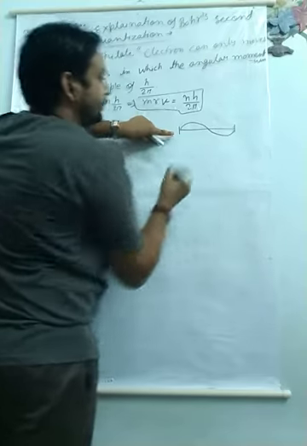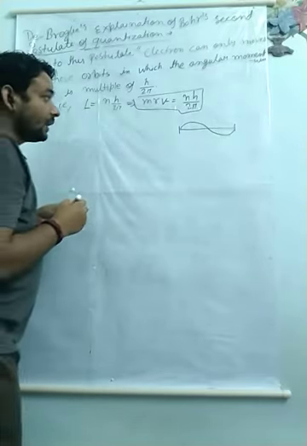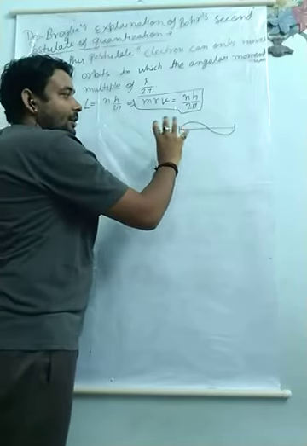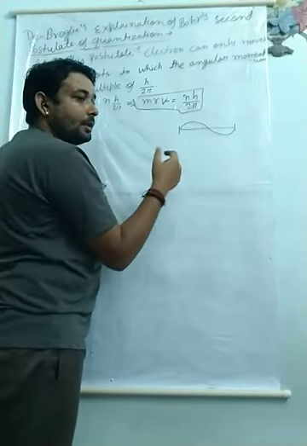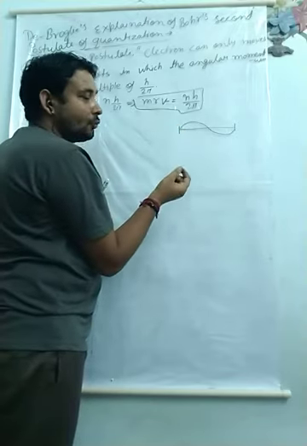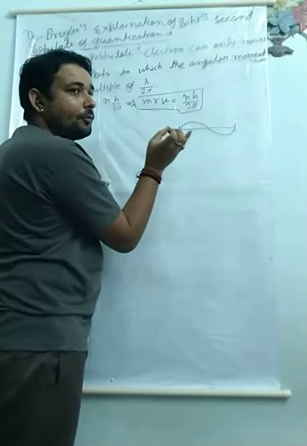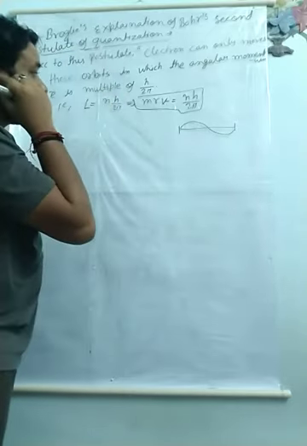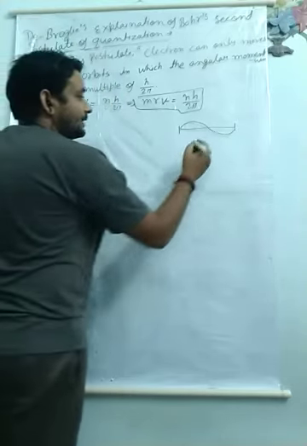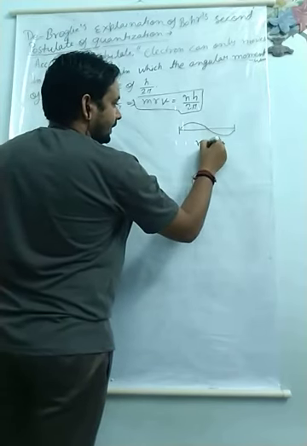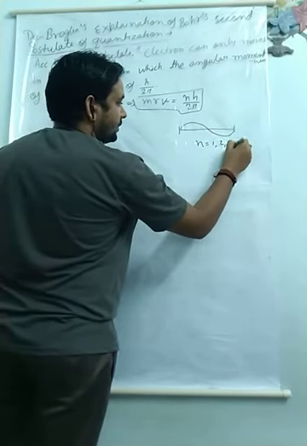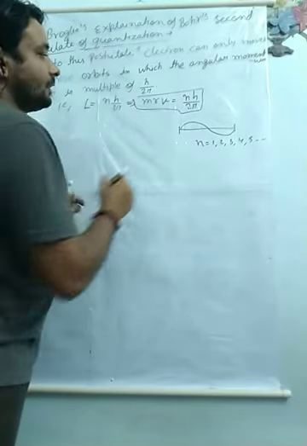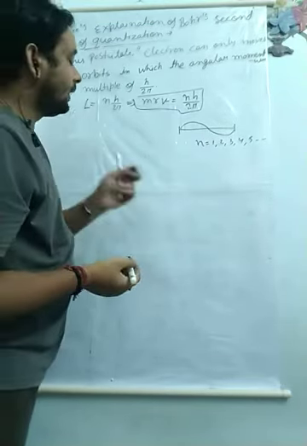So as per de Broglie, the electron revolves around the nucleus in the form of vibration of a string, and the value of n is 1, 2, 3, 4, 5 and so on, an integral number.